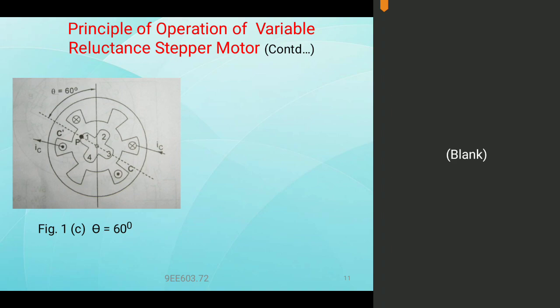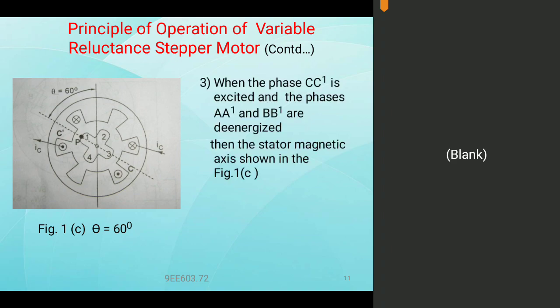So now at theta is equal to 60 degrees, when the face C dash is excited and the faces A dash and B dash are de-energized, then the stator magnetic axis is shown in the figure.